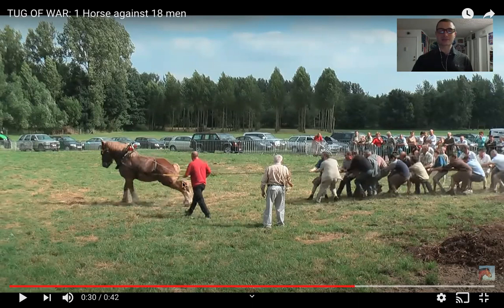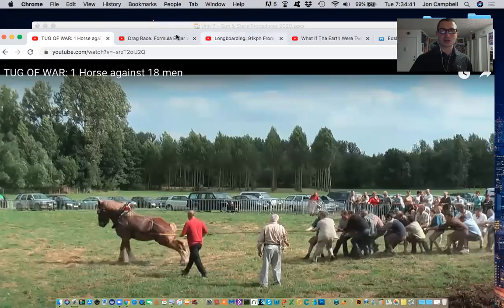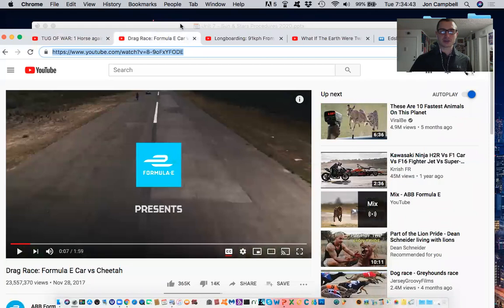And the horse, with its forelimbs kind of galloping, is going to have so much more force than men pulling back. It's not necessarily the most natural position for human bodies to inflict the most force from. So the horse nonetheless easily wins that matchup. And then just to show acceleration, right?